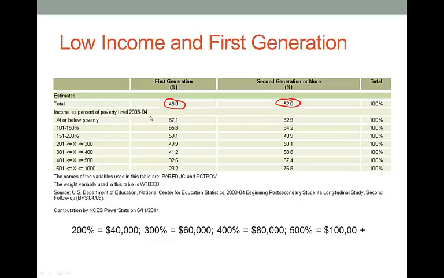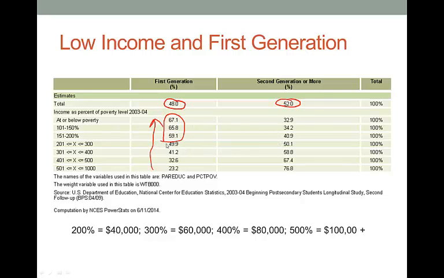Now, if we look at the low income piece of this, then you'll see something very interesting. Here, the number of first generation students increases as the poverty level decreases. Students that are at or below poverty or at the 200% level of poverty here make up a big number compared to the second generation students.